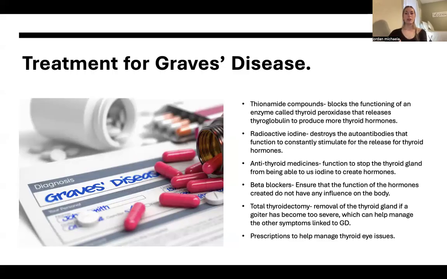And then prescriptions from doctors to help manage thyroid eye issues that arise, especially the redness and vision issues. You could even develop thyroid eye disease. So it's very important to go to a medical professional to see what treatment you can get for Graves' disease or thyroid issues in general.